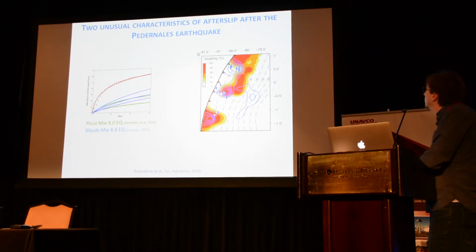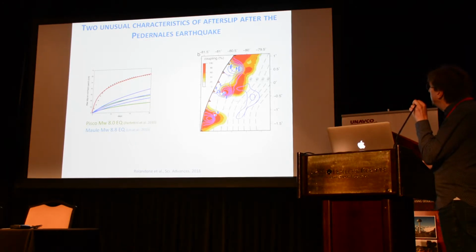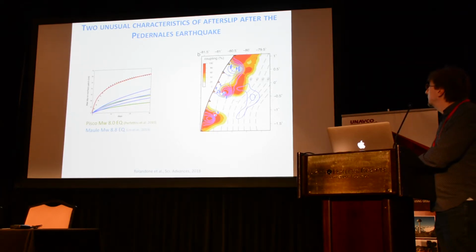The second one is that if we look at where we have afterslip with respect to the interseismic coupling map, we see that some of the afterslip occurred in low locked areas. This is what you would expect from a simple velocity strengthening behavior for low locked areas, but we also have large afterslip that developed at patches, at asperities that were highly locked before the earthquake.